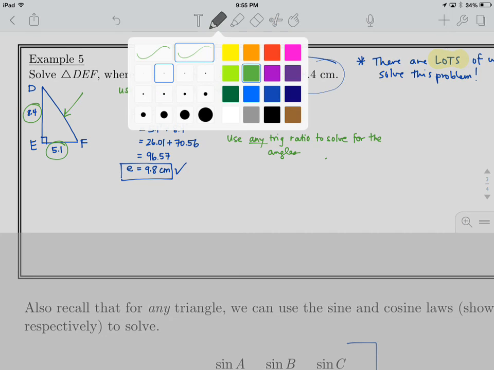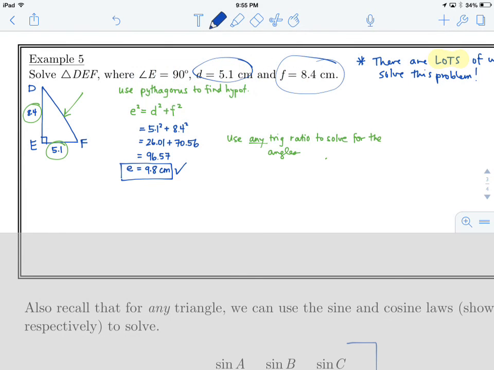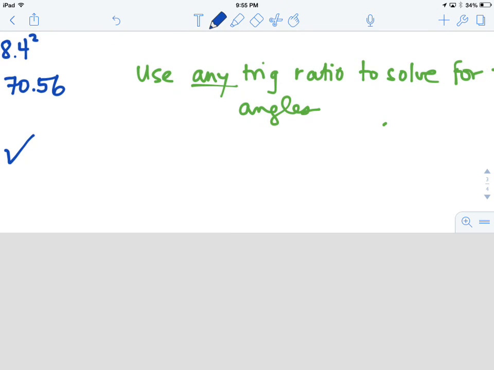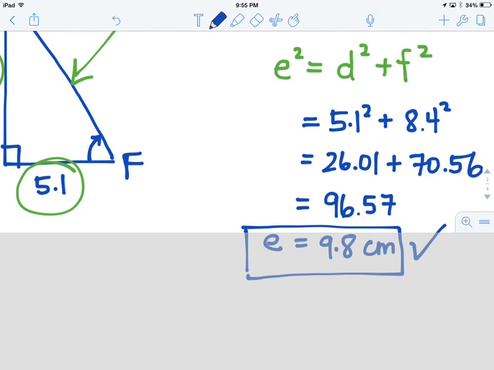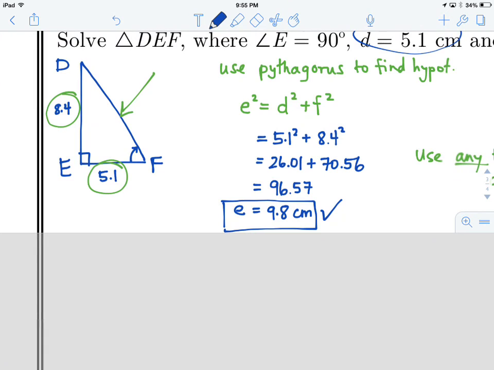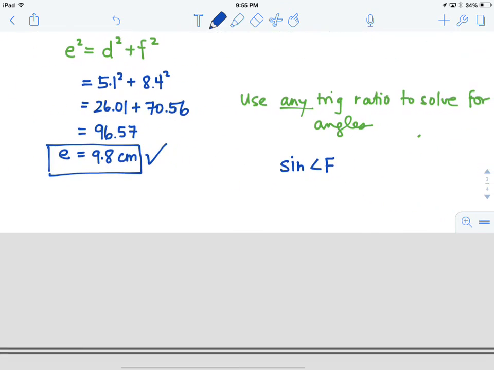So the two that I'm going to use are sine and tan. And so let's take a look at this. Sine of the angle F. So that's this angle in here that we're talking about. Sine of the angle F would be equal to the opposite, 8.4, over the hypotenuse.